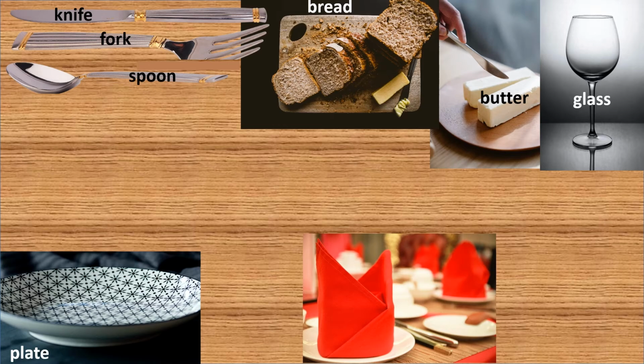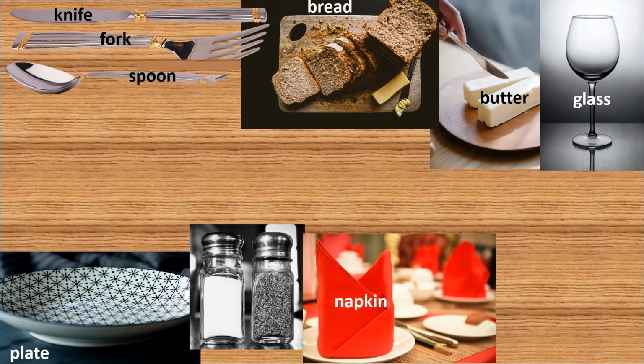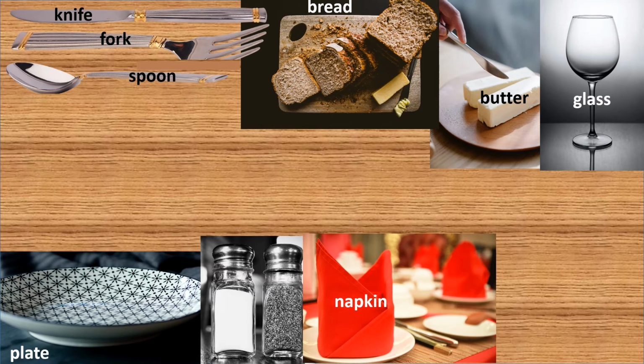Do you remember what that is? Okay, that protects your clothing so you don't get food on you when you eat. Do you remember what that is? That is called a napkin. All right. Next item. Okay.